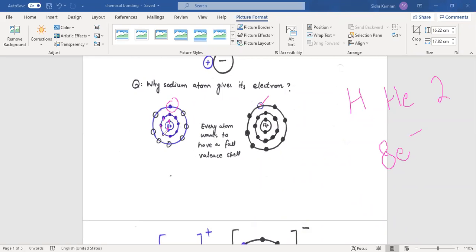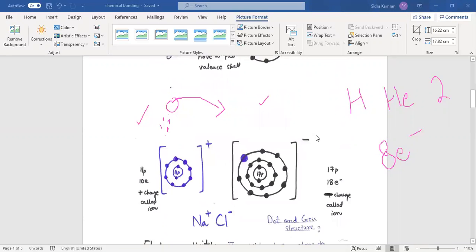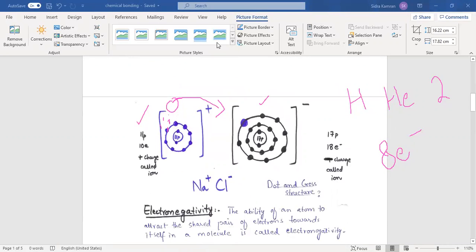So being highly electropositive, sodium will lose its electron, and that electron is gained by the chlorine atom. In the next step, when sodium loses its one electron, you can see there is a lack of that shell which was in the previous figure.